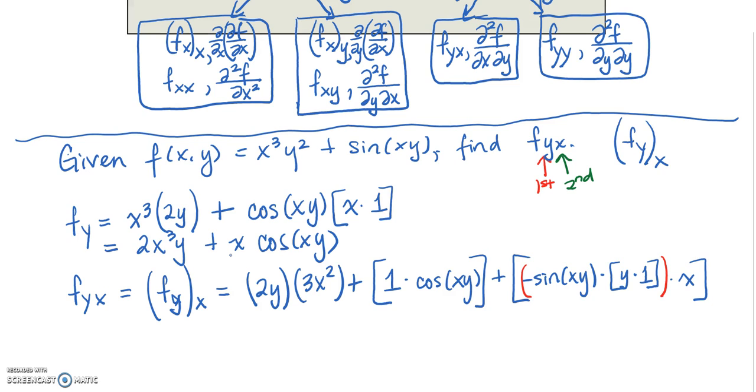Okay, so let's clean this up a little bit. So we've got 2 times 3 is 6x squared y plus cosine of xy. Looks like that's going to be a minus xy sine of xy.